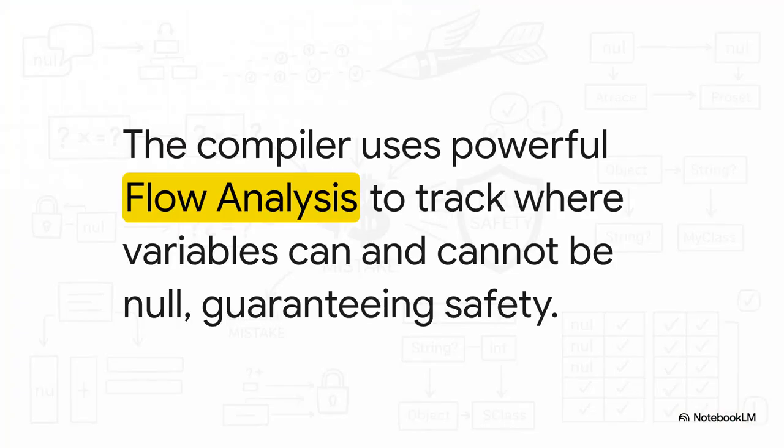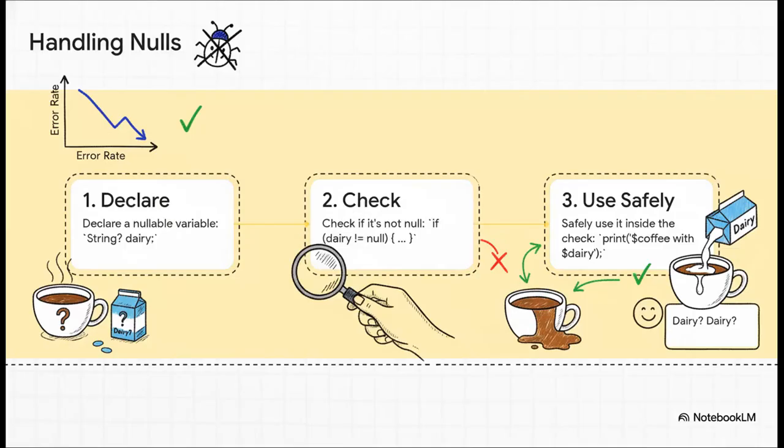The secret ingredient here is a powerful feature called flow analysis. You can think of the Dart compiler as a super smart detective that literally follows every variable through your code's logic. It knows, at every single step, whether a variable could be null or not. So, here's the most common pattern you'll see. First, we declare a nullable string, let's say for some dairy in our coffee. Then, and this is the most important part, we do a simple check.